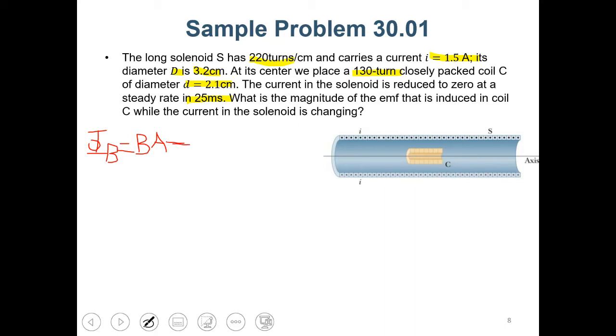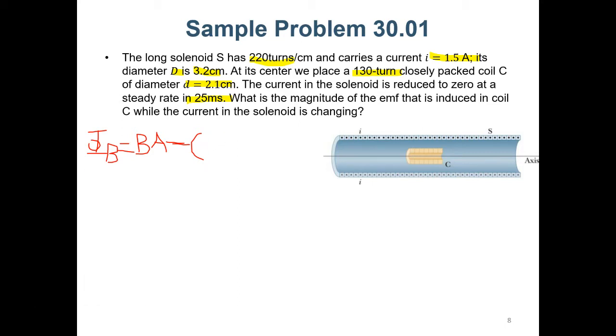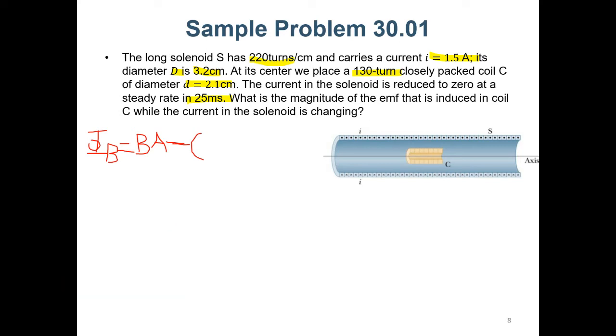So in the previous chapter, we know that the magnetic field generated by a solenoid is mu 0 I N, times the cross-section area.